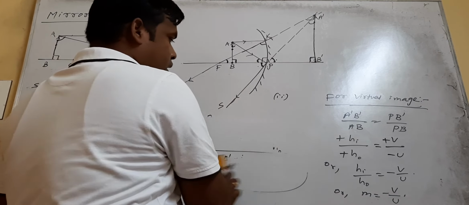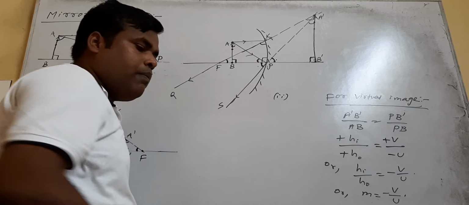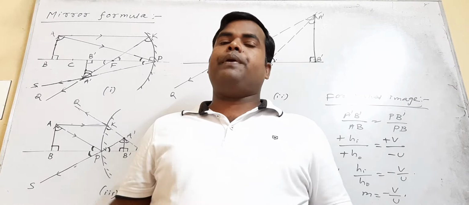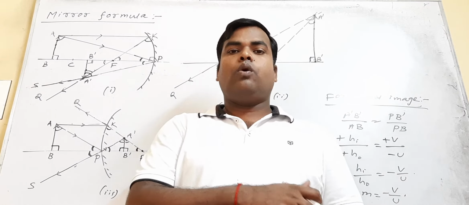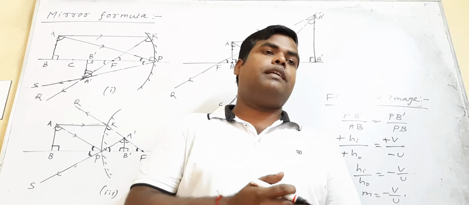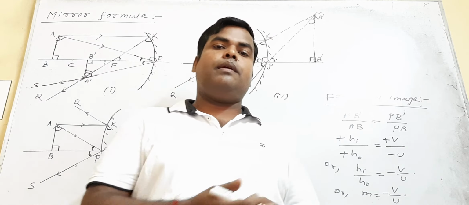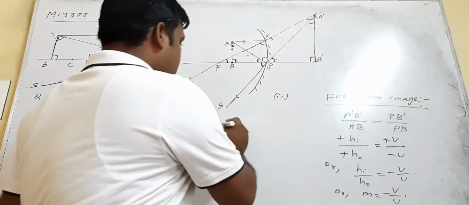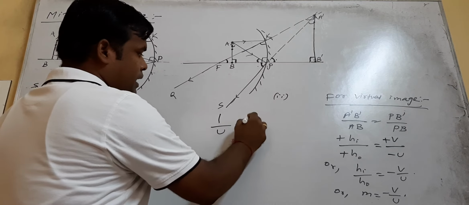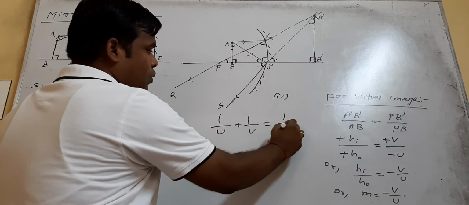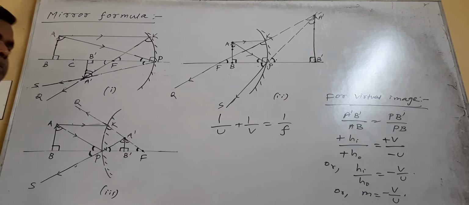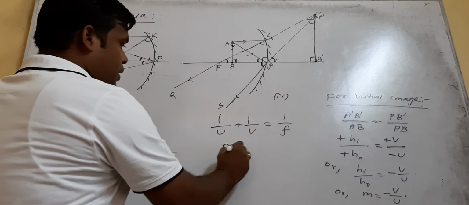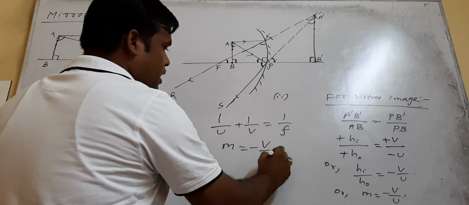Now what is your conclusion? The conclusion is that whatever the mirror, that may be concave mirror, that may be convex mirror, whatever the nature of the image, that may be virtual image, that may be real image, the mirror formula remains the same. That is 1 by u plus 1 by v is equal to 1 by f, and also the formula for magnification remains the same.